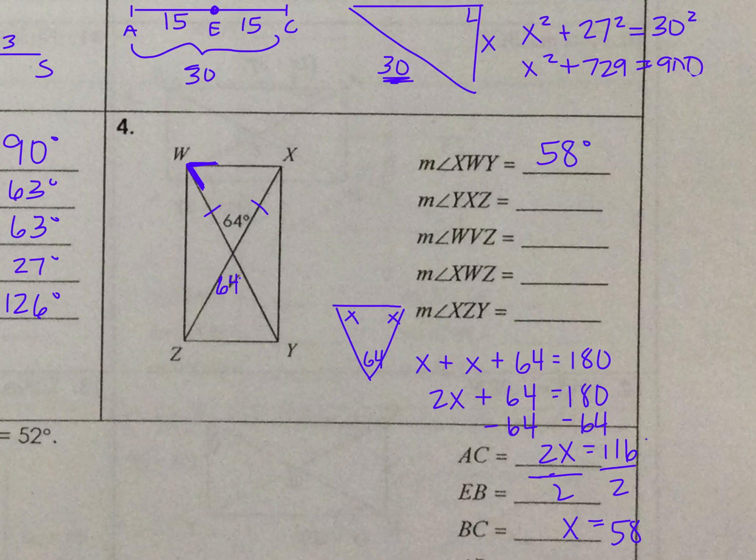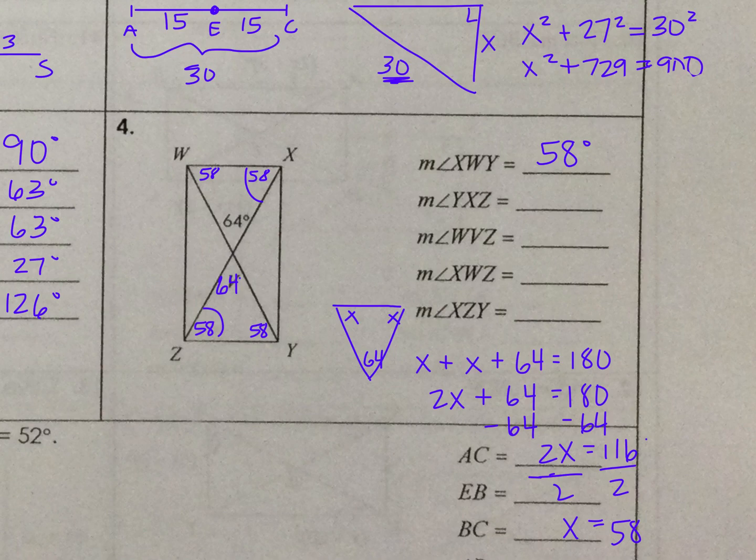So let's go ahead and mark up this triangle to help us a little bit. I know these two corners are 58. I also know that in opposite sides inside the triangle, these two corners will also be 58 because they match here and here.